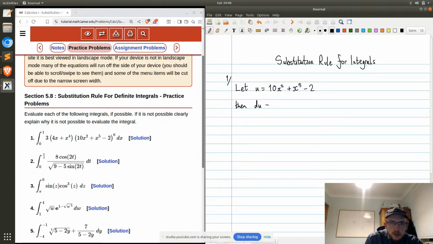So du equals 20x plus 5x to the 4 dx, or in other words, a fifth of du is equal to 4x plus x to the 4 dx.